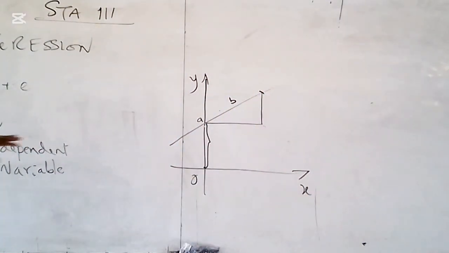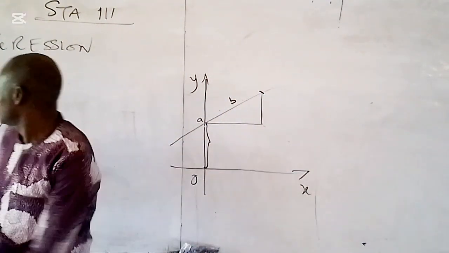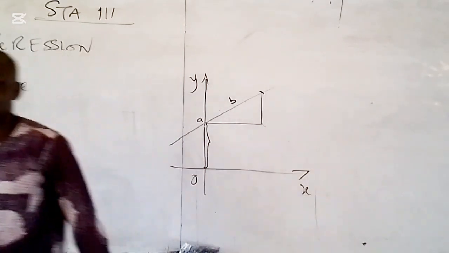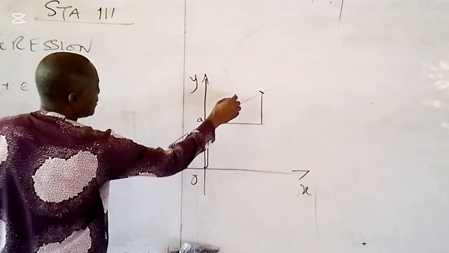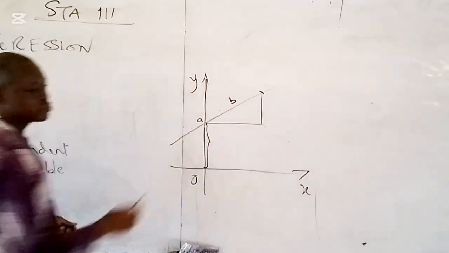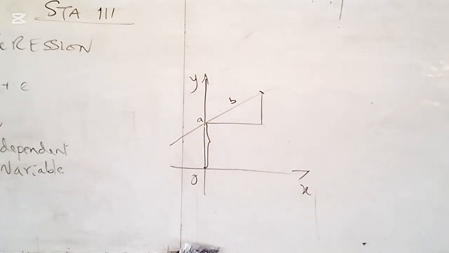Now let's represent what we have here with this. The intercept A and the slope are called the parameters of this model. Those are the parameters we shall estimate to be able to fit a linear regression model.